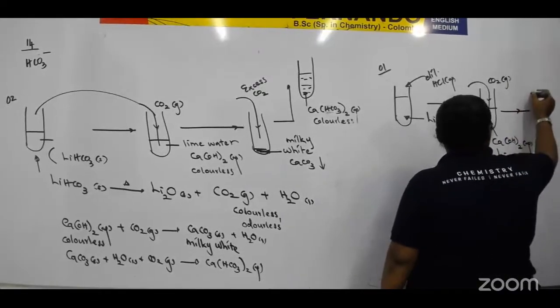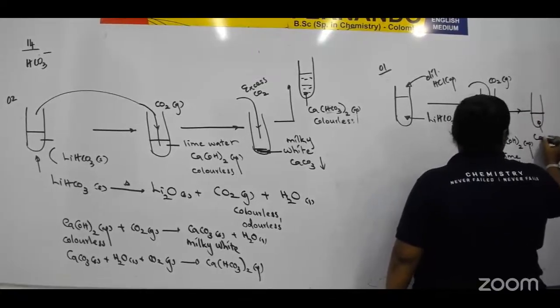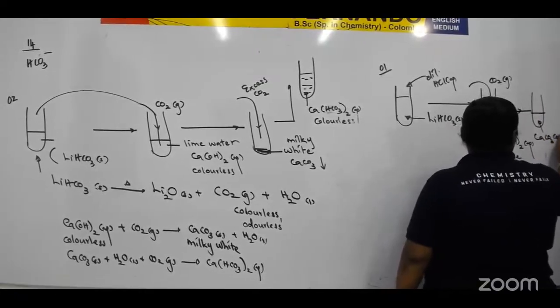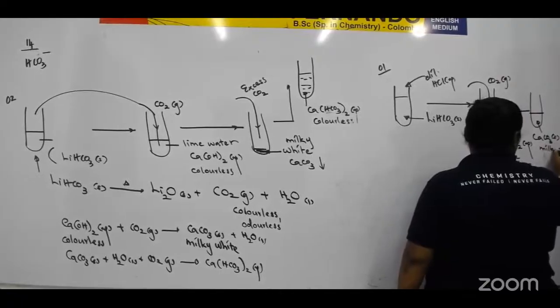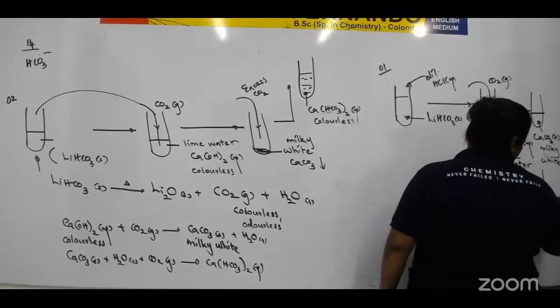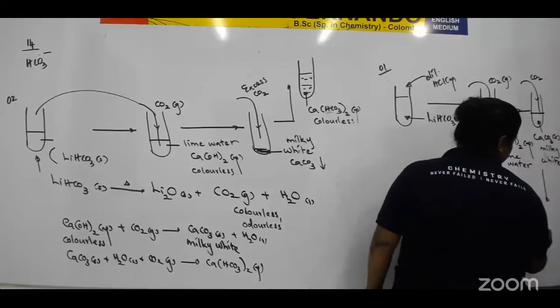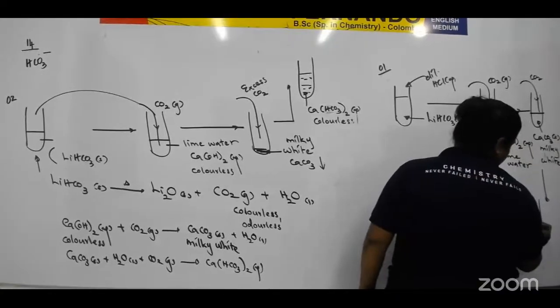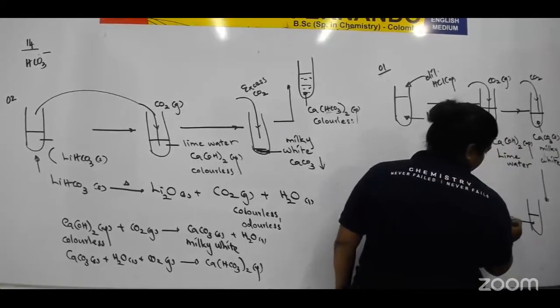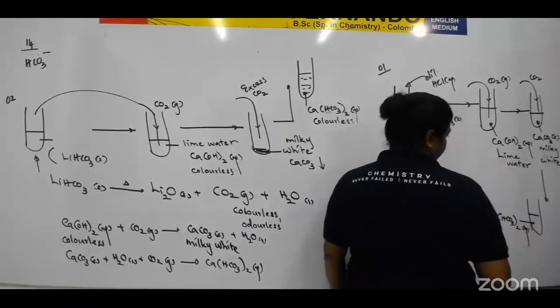Then the second observation, a milky white precipitate. Excess CO2 produces again a colorless calcium bicarbonate solution.